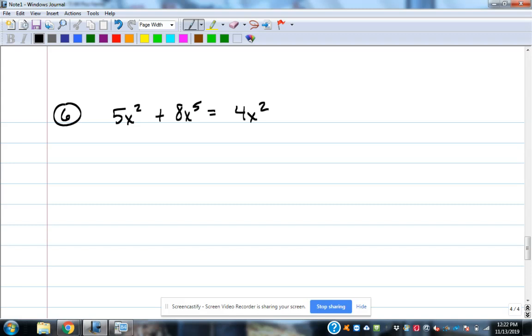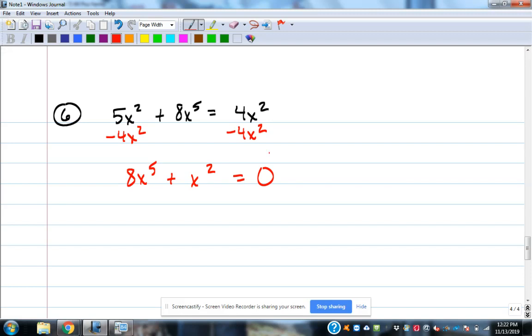So I'm just going to do all of that in one step because I think we're definitely able to do that. So I'm subtracting 4x squared from the 5x squared. And then when I write my next line, I'm going to put the 8x to the 5th in the front plus x to the 2nd. And that's now equal to 0. So I got it in descending order.